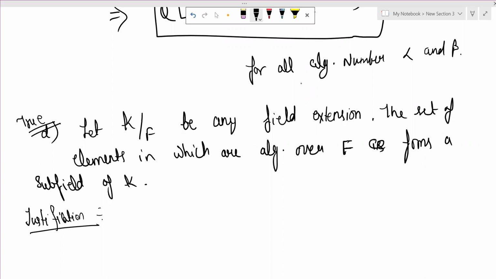You need to show that the product is there, the sum is there, the one is there, the zero element is there, and the inverse is there for any element.